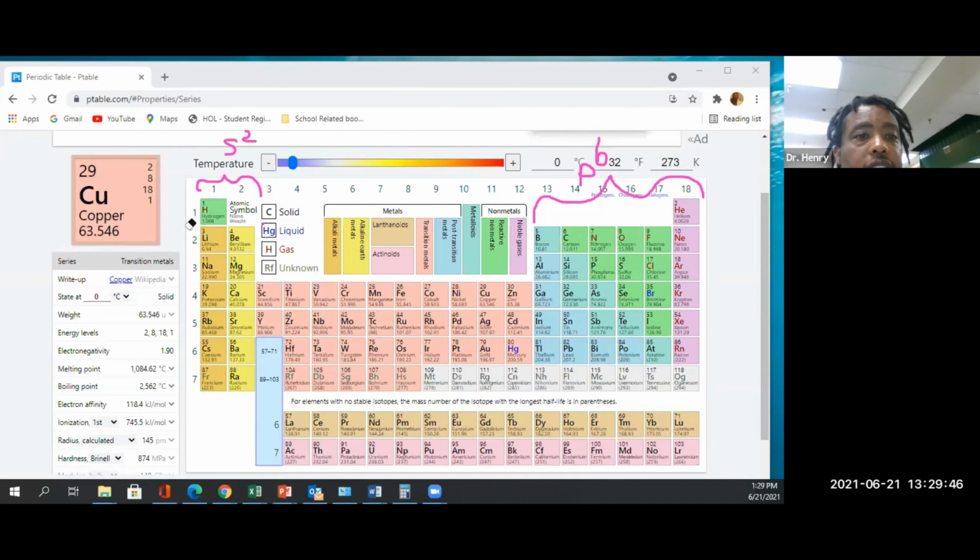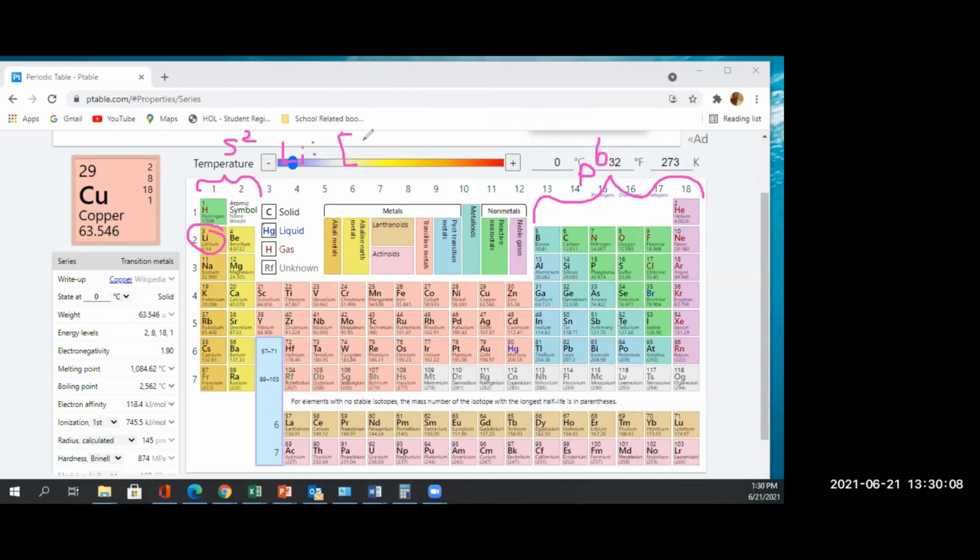So if we write down the electron configuration in terms of a core and valence electrons, like lithium, what would be the noble gas that we would use for the core? Helium. So we'd use He, right?